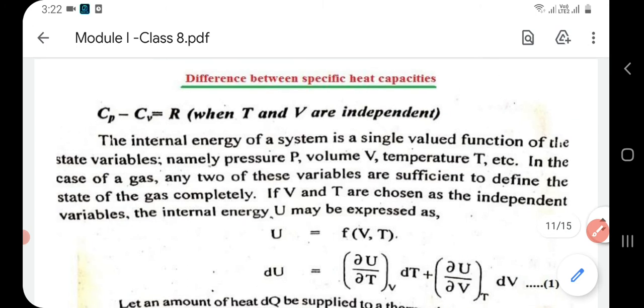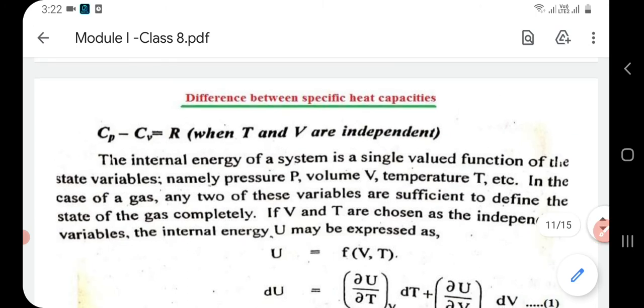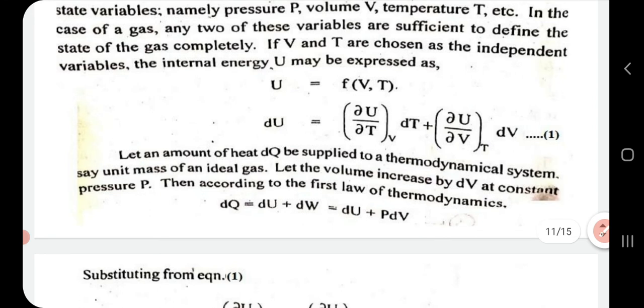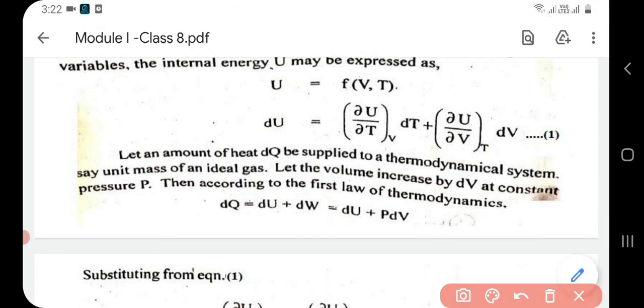You know that the internal energy of a system is represented by the capital letter U. So let U be a function of two variables, say volume V and temperature T. Now using partial differentiation, U can be written as du, where you are differentiating with respect to one variable at a time.